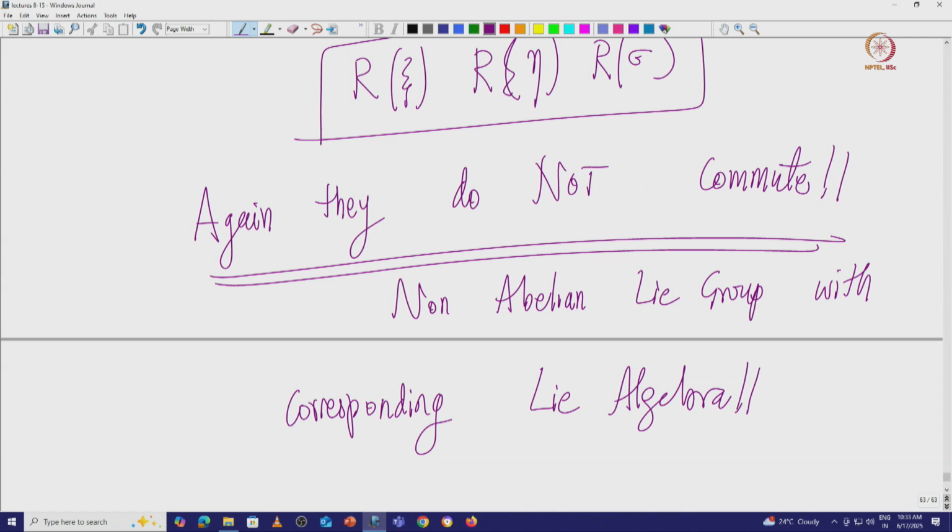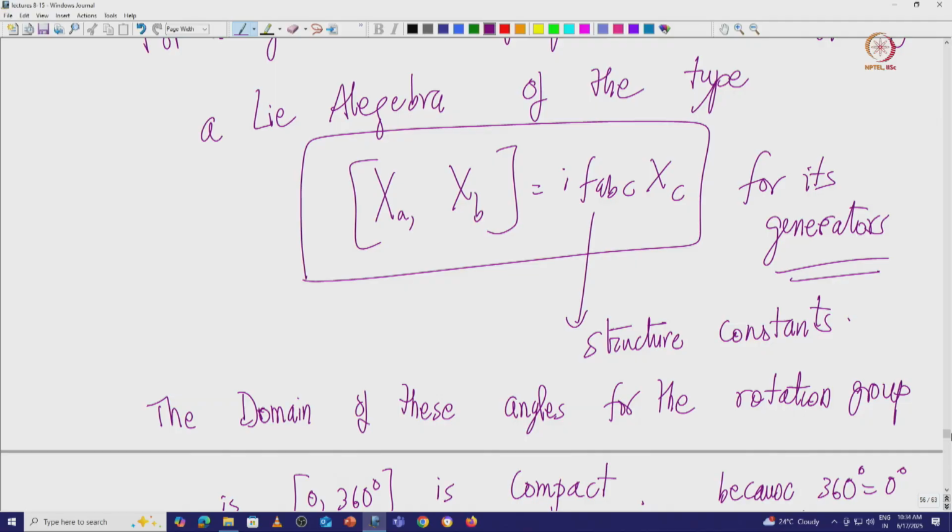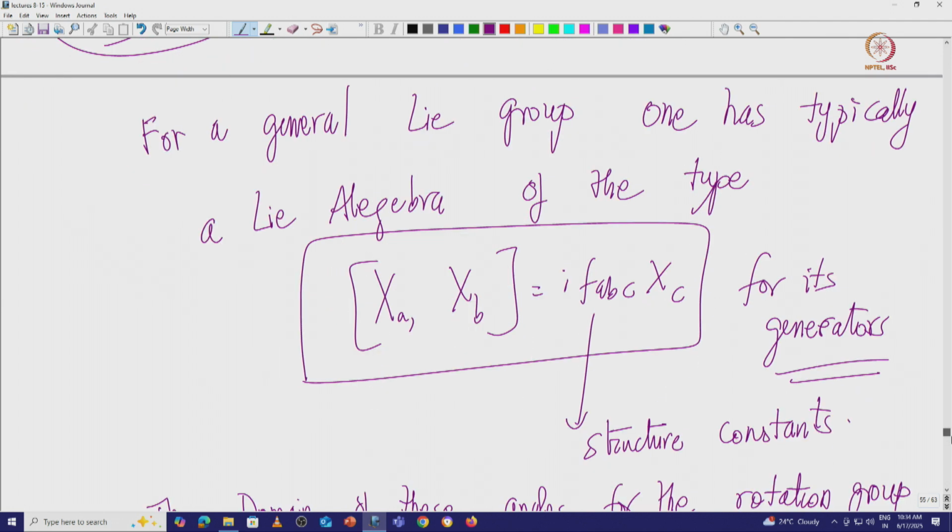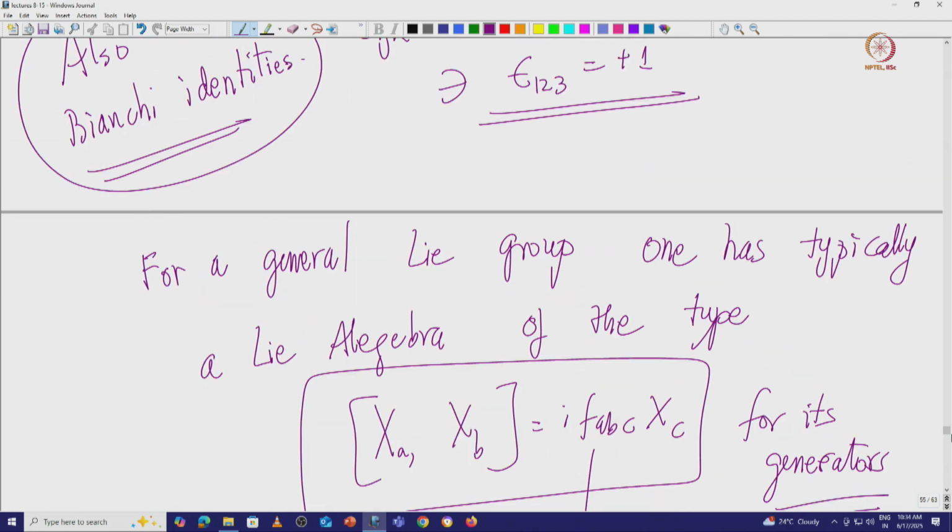Fantastic. So today we made a very significant step. We first understood that the three dimensional rotation group is nothing but O3. It has three generators, and the generators form something called a Lie algebra, and in general Lie algebras always have a structure of this particular type, giving you these commutation relations.